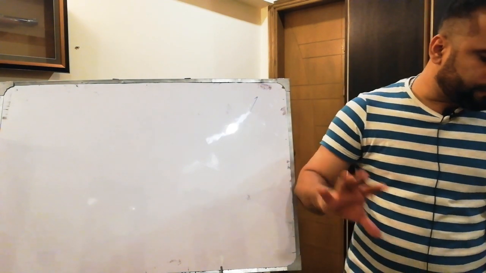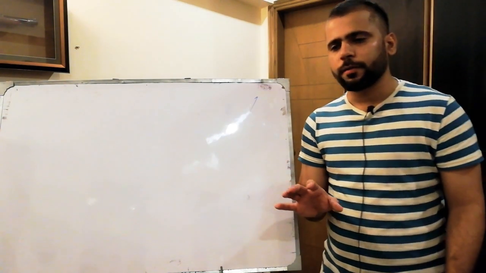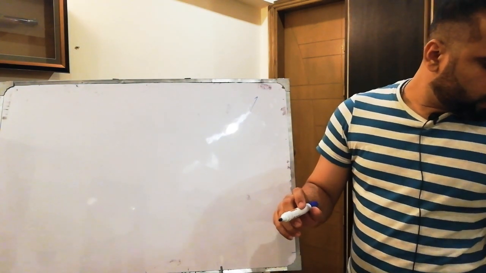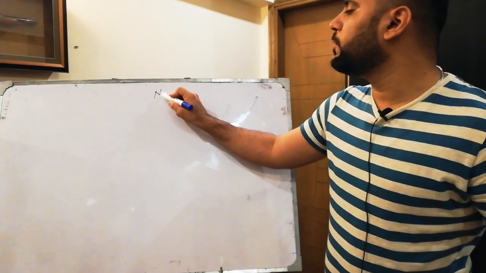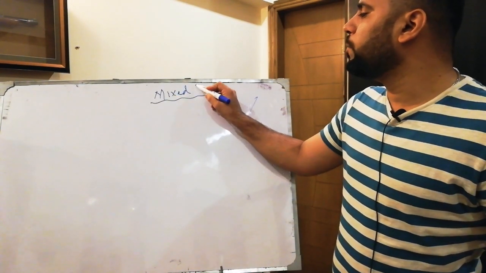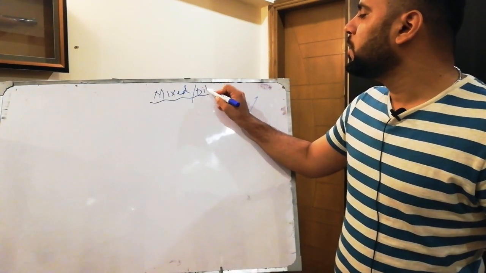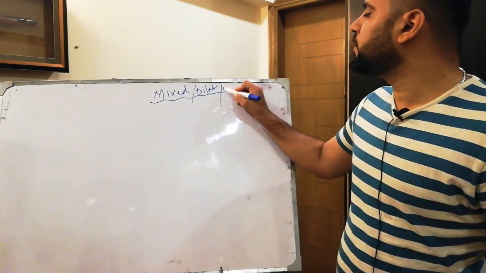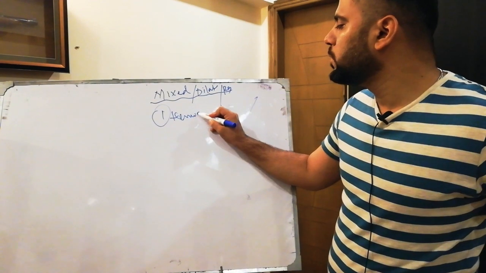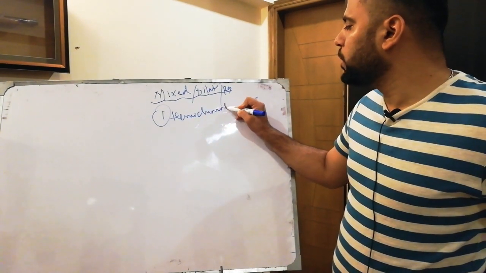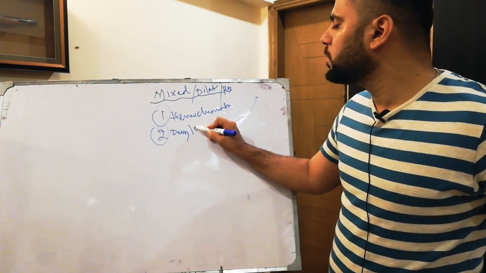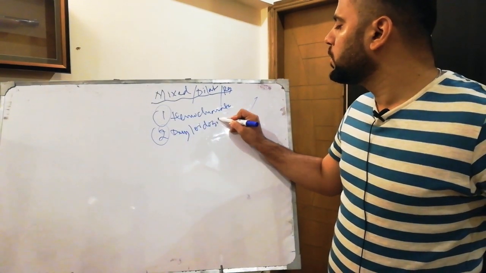Here we will discuss a few things, and then we will say goodbye. The important thing is mixed cardiomyopathy, those cardiomyopathies which can present in a mixed form, like dilated and restrictive. Number one is, as we discussed, hemochromatosis. Number two, as we discussed, amyloidosis.